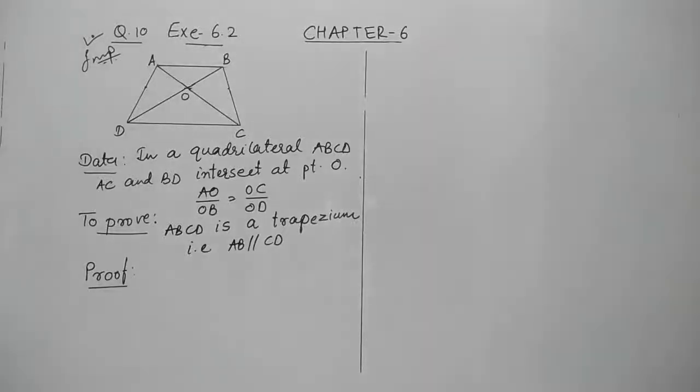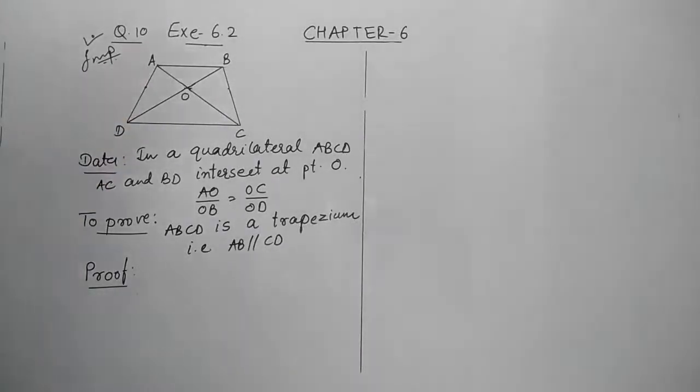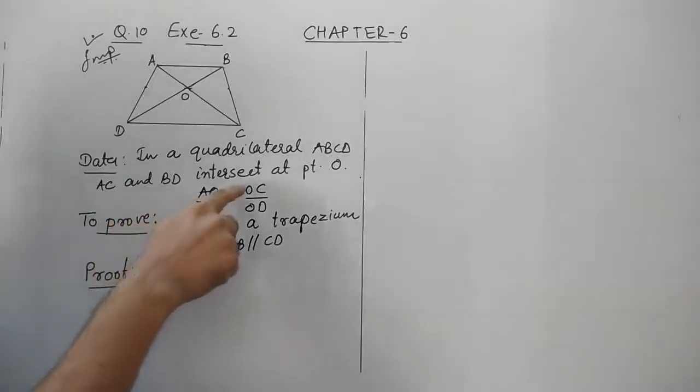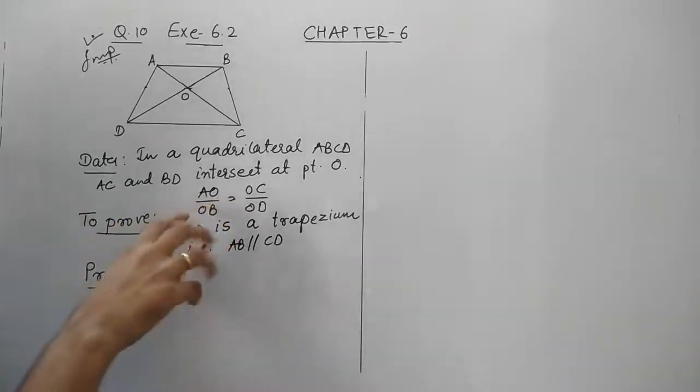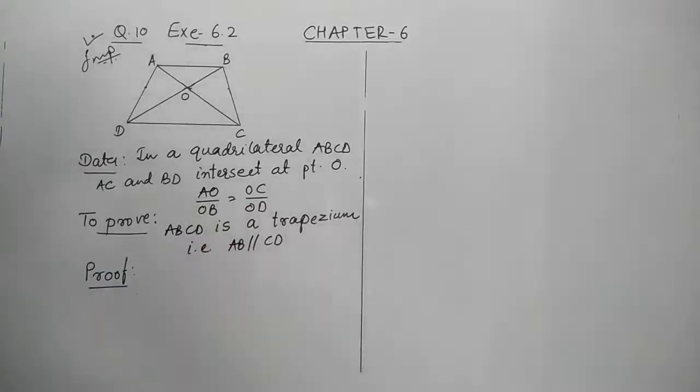Let's come to the last question of this exercise. Question number 10. Again, it is an important question. And this one is the converse of the 9th question. 9th question में हमें proof करना था कि AO upon OB is OC upon OD. In this question, they have already given the ratio of the sides, and we have to prove that ABCD is a trapezium.